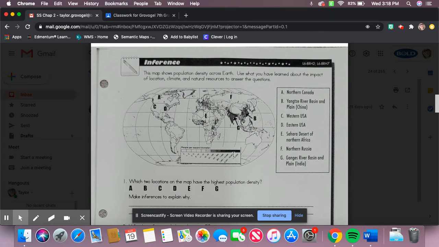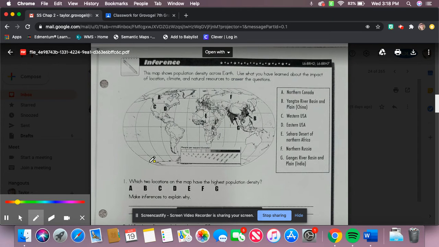The darker the color, if you move this way, that means they have a bunch of people in that area. Okay, so this is going to be low. So we have our low population density over here, and then the darker color is our high population density. So now let's look at number 1.